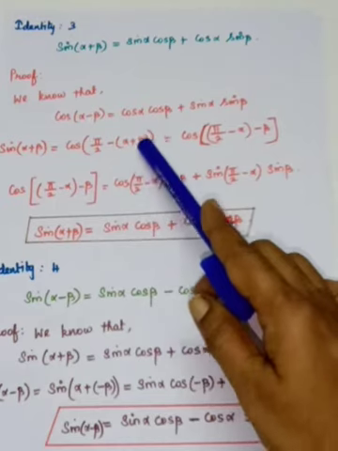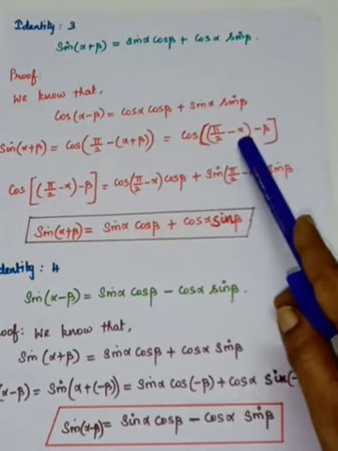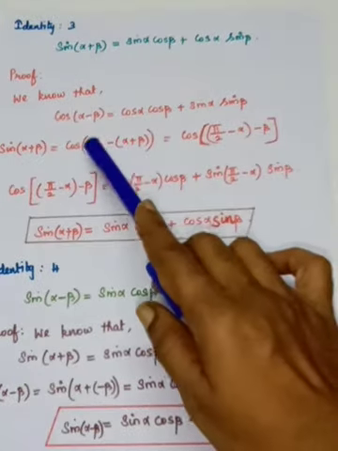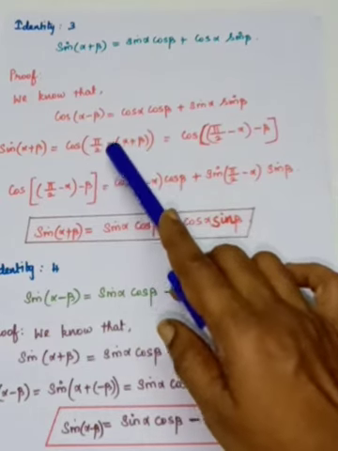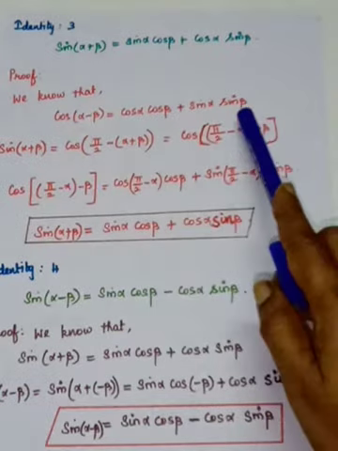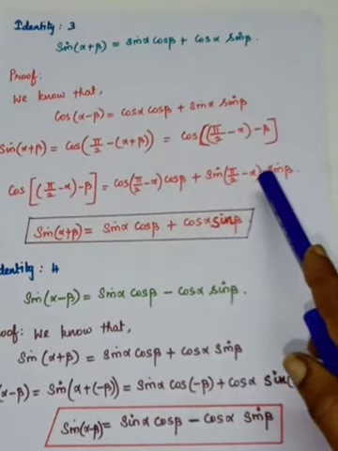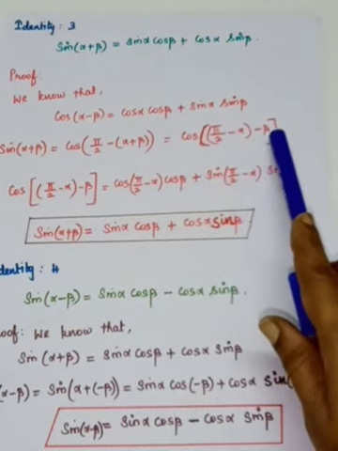This has to be rearranged: pi by 2 minus alpha, and here you have minus beta. If you apply the minus sign, what has to come? Pi by 2 minus alpha minus beta. So pi by 2 minus alpha you group as a single term, and the remaining is minus beta. How does it look? Cos of alpha minus beta.